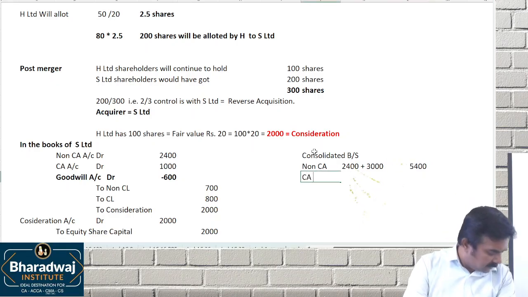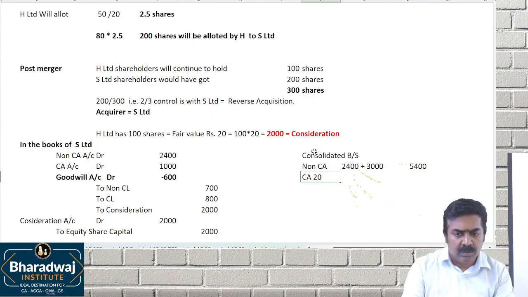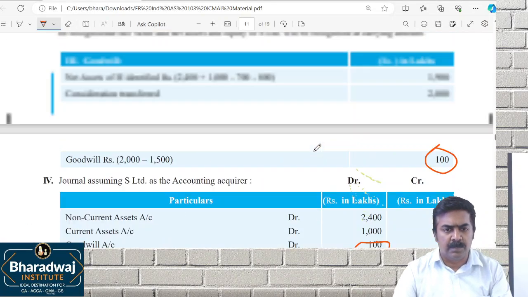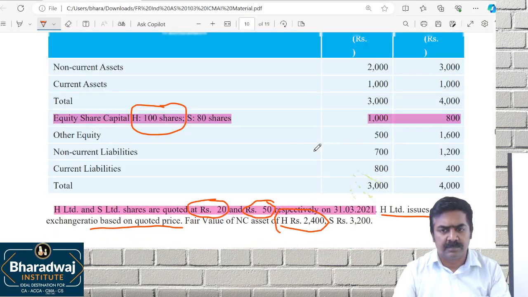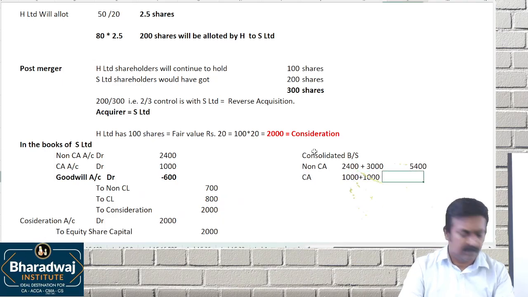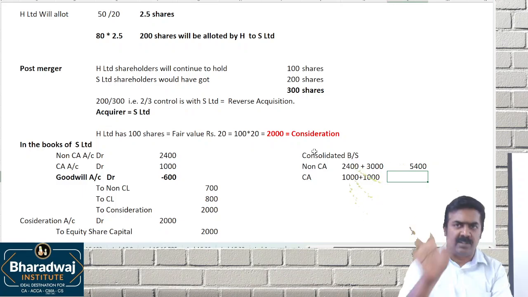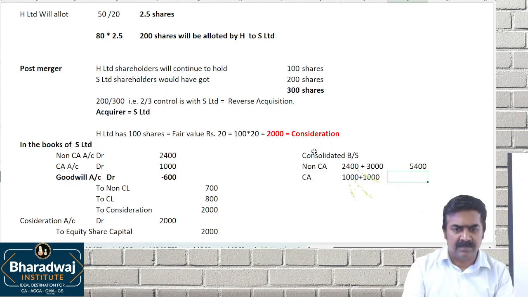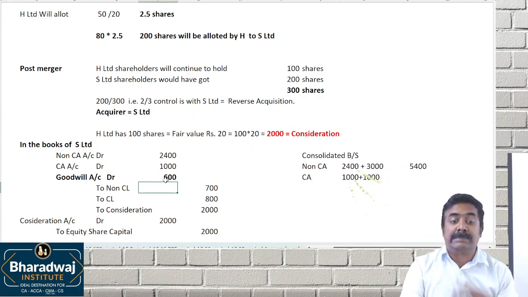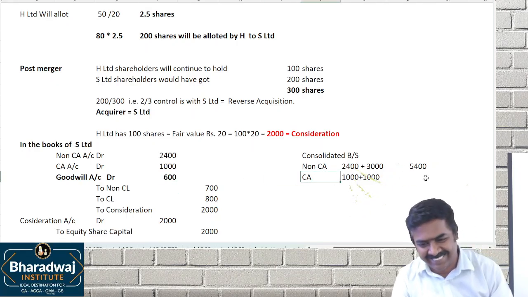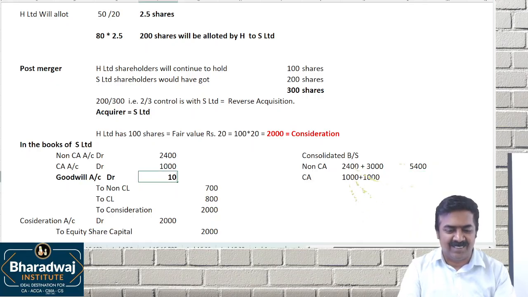Current assets are 1,000 plus 1,000 plus how much? Goodwill value is 100 only. What I put is correct; what you put is minus. Okay.